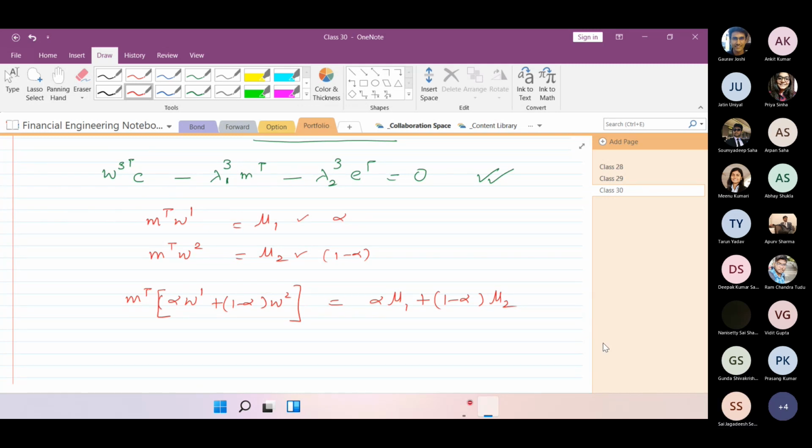Yes, sir. This can be given as M transpose W3 and this is mu 3, which we have already stated would be alpha times mu1 plus 1 minus alpha times mu 2. So the second equation is also being satisfied. Please raise your hand if you are getting this.